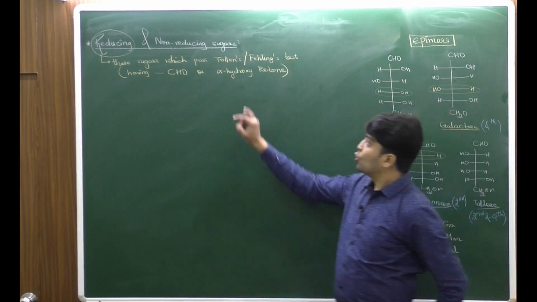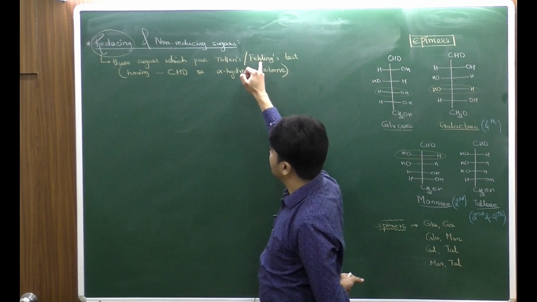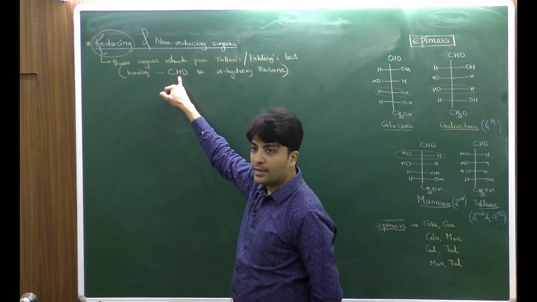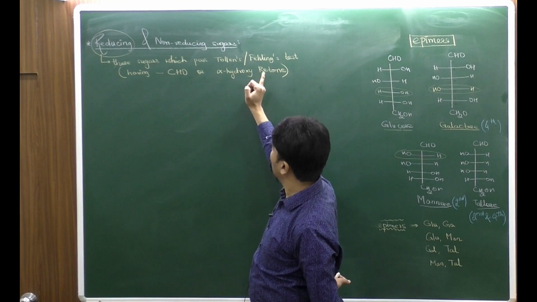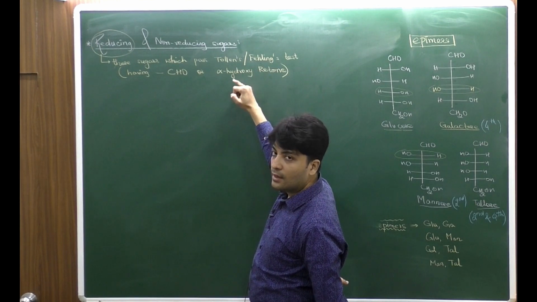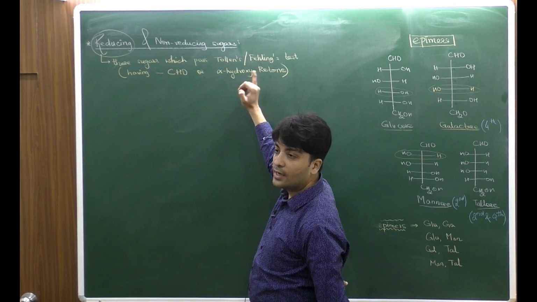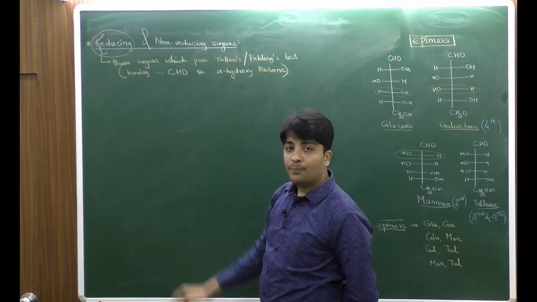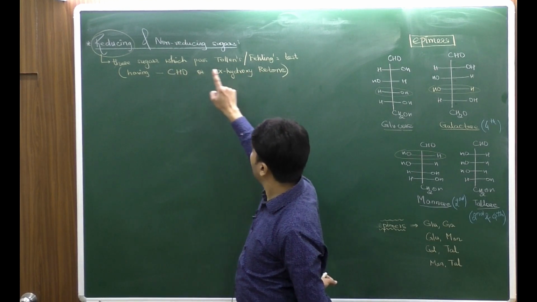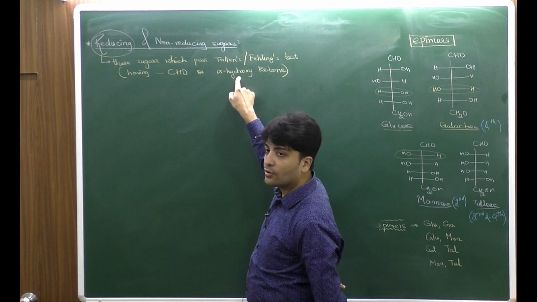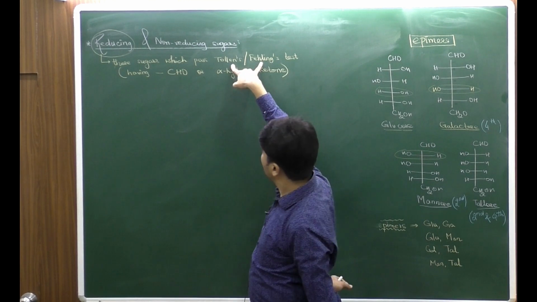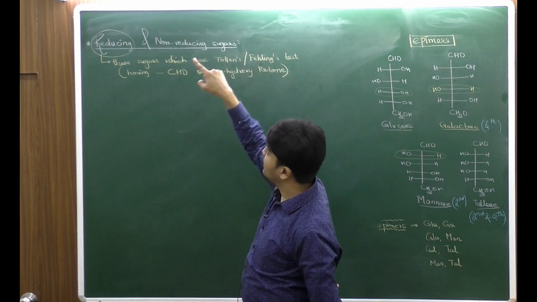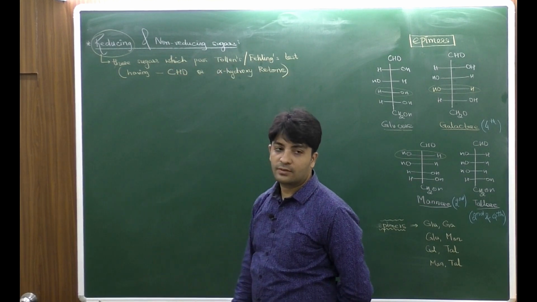As of now, Rowland's and Fehling's test is a test for the aldehyde group, that is CHO, or a ketone, but specifically only one which has the alpha hydroxy. So the compounds which have the aldehyde or the ketone with alpha hydroxy group pass the Rowland's or Fehling's test, and those sugars which pass this test are called reducing sugars.